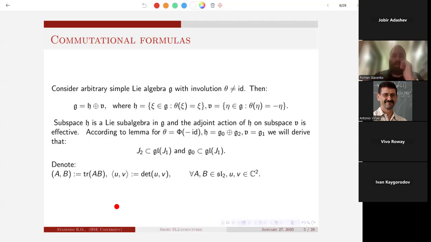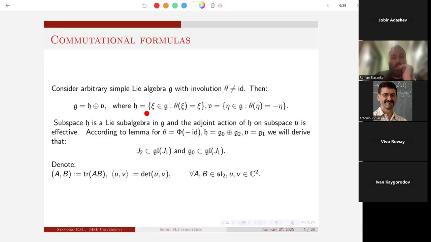So the subspace H on which the involution is trivial is a Lie algebra, and the adjoint action of H on the subspace V is effective, if we, of course, consider a simple Lie algebra.